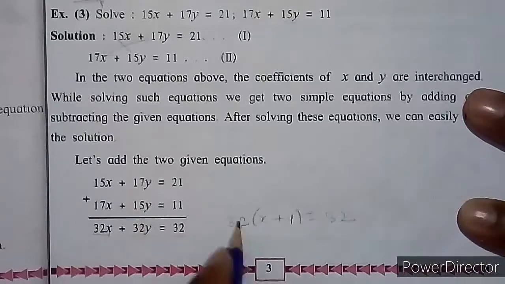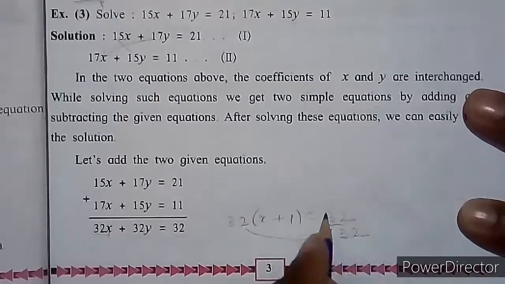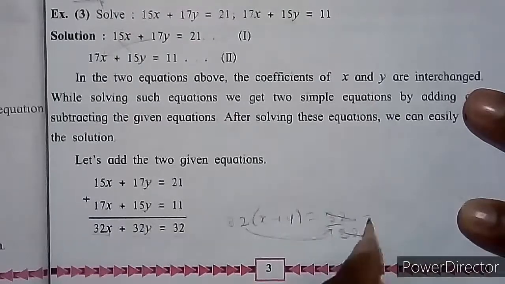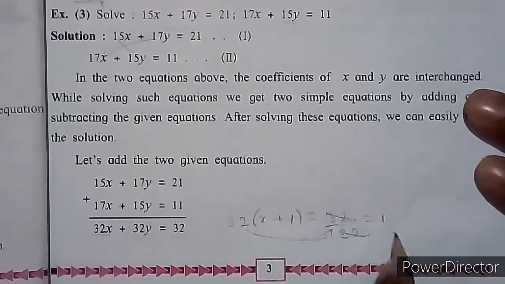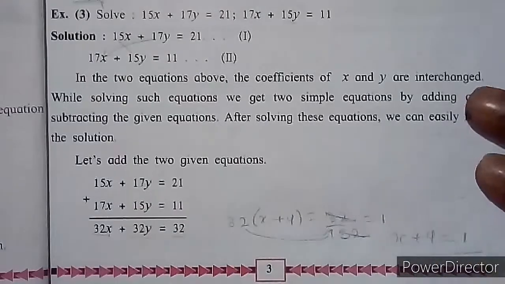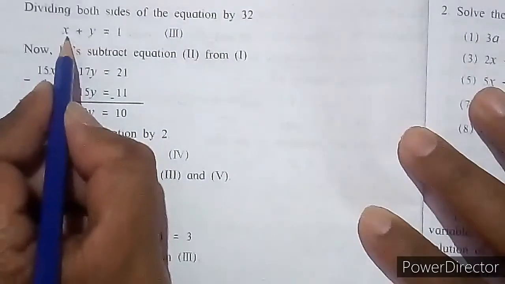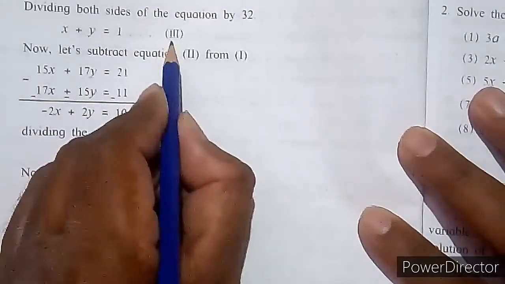Cancel this 32, or by change of side it will be 32 divided by 32, which is 1. Then we get x plus y equals 1, which is equation number 3.